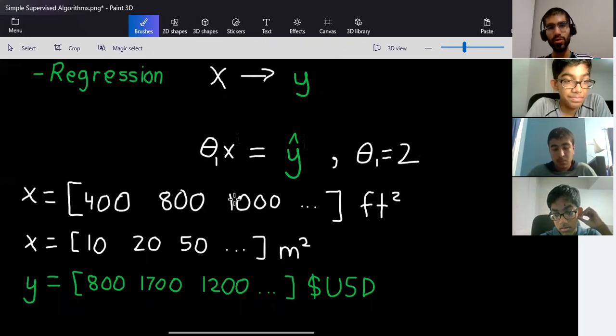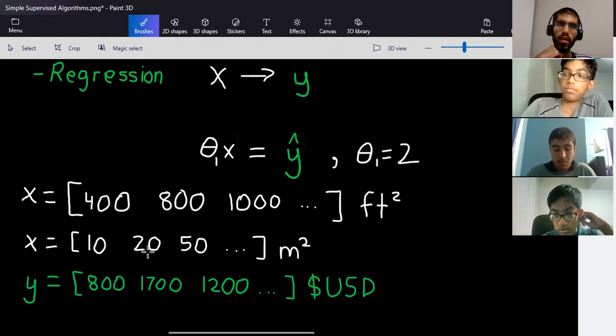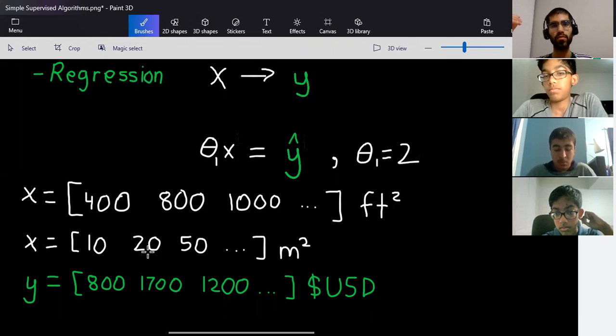So when it comes to the data that we use, these input features for regression algorithms, we often want to normalize the data. And that just means that we often want to make sure that all of the data, no matter which input feature it is, are on similar scales.